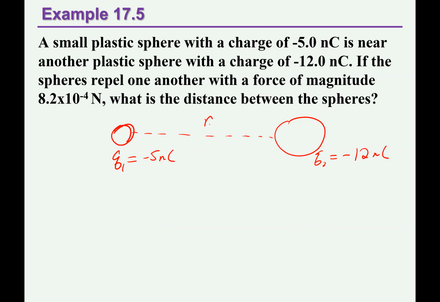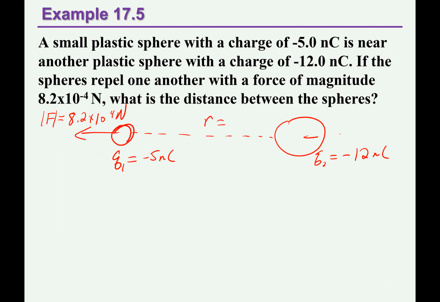All right, that means right now we're given the charges. We are told that they're going to repel, and they repel because they have the same charge, so their forces are in opposite directions. But we're given the magnitude of that force, 8.2 times 10 to the -4 newtons.